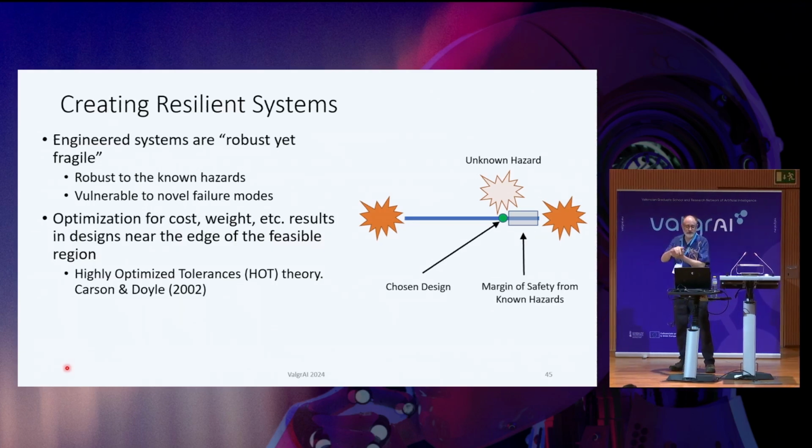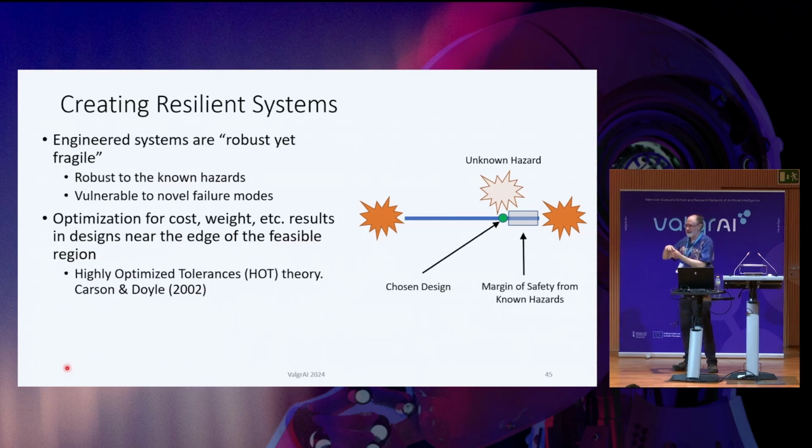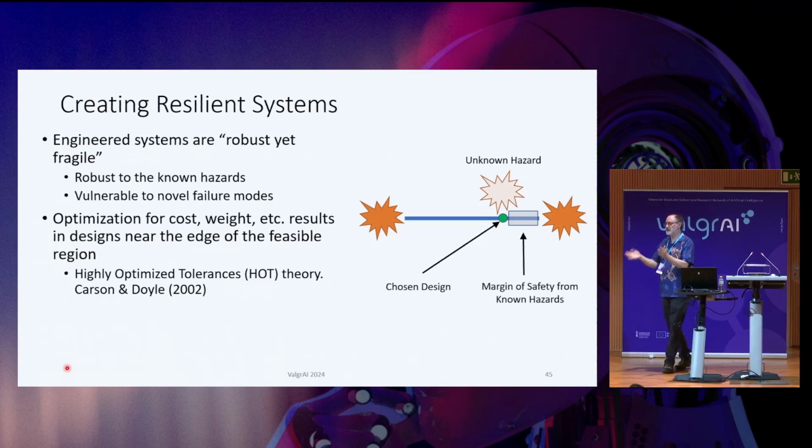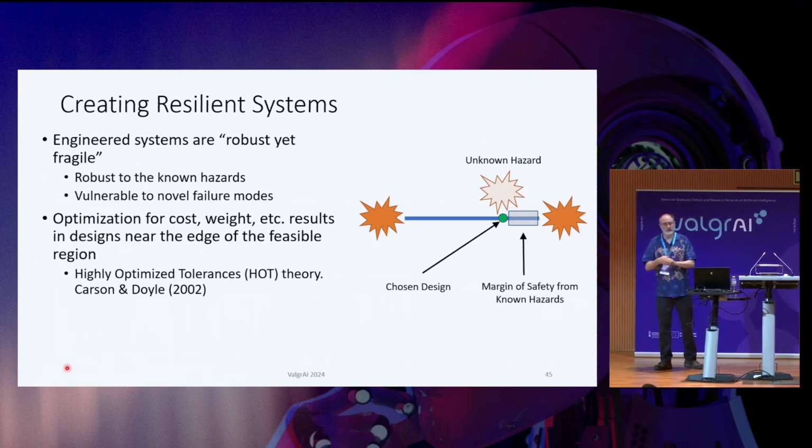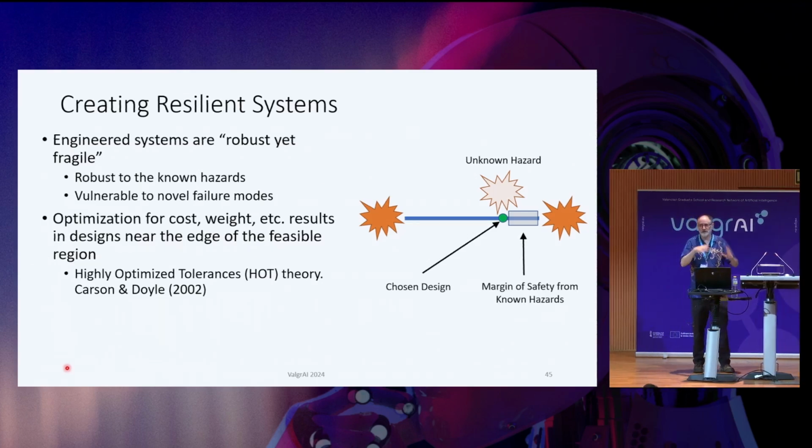And Doyle and Carlson published an important paper, now 22 years ago, on what they call highly optimized tolerances. And it's really an alternative theory of complex systems that's quite interesting in its own right. But translating it to engineering, they talk about engineered systems that are simultaneously robust and yet fragile. So they're robust to the known hazards.